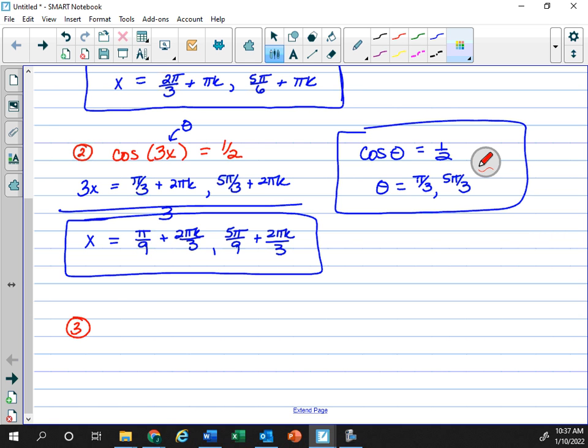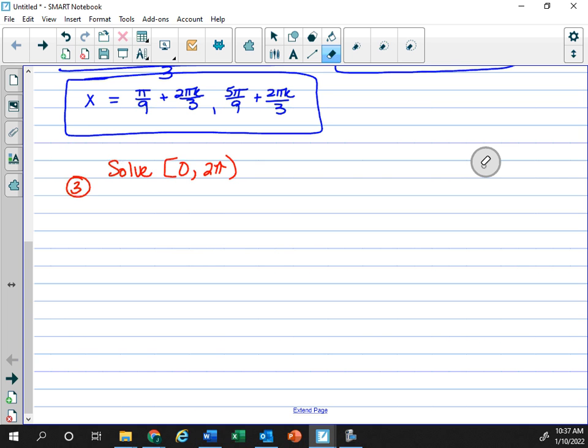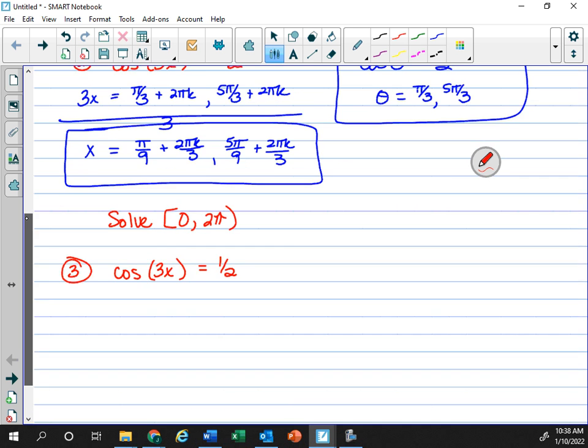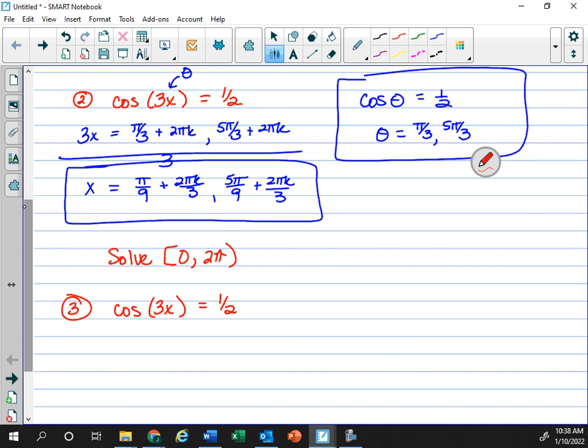Now we're gonna solve, back to solving just 0 to 2 pi. Okay, but we still have the coefficient with the angle in there. So I've got cosine of 3x equals 1/2. Very similar to the problem we just did, right?